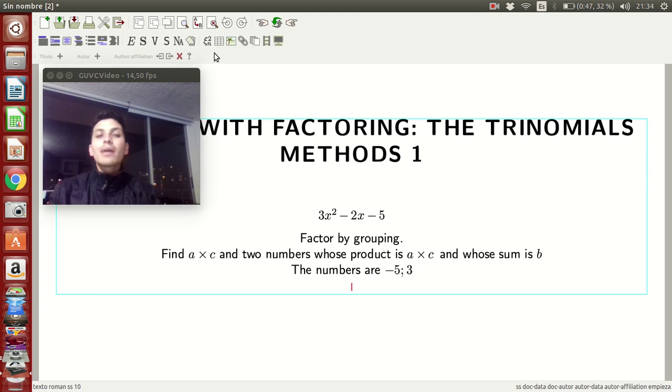When we find the numbers, we need to rewrite the polynomial in 4 terms to do the factoring by grouping.